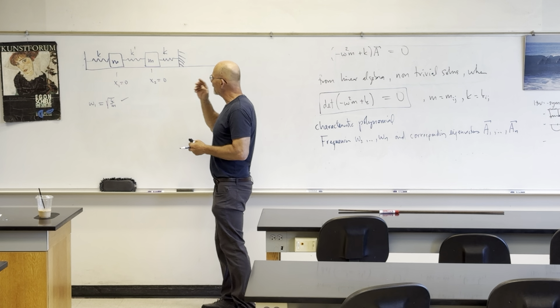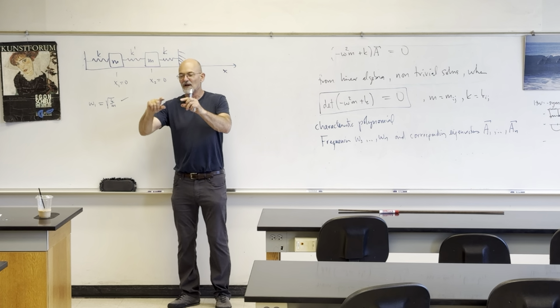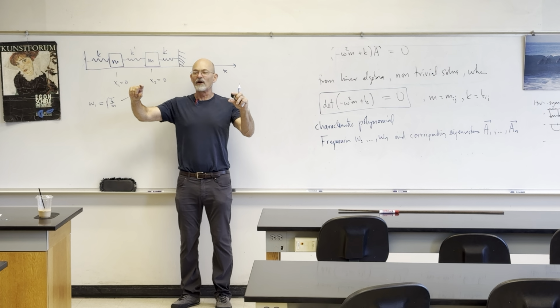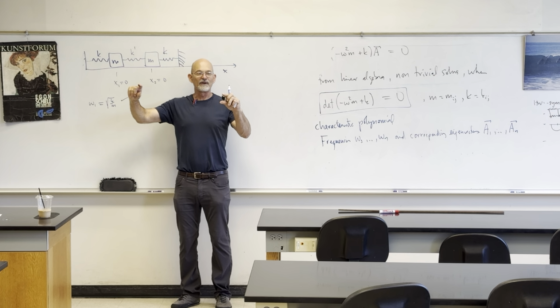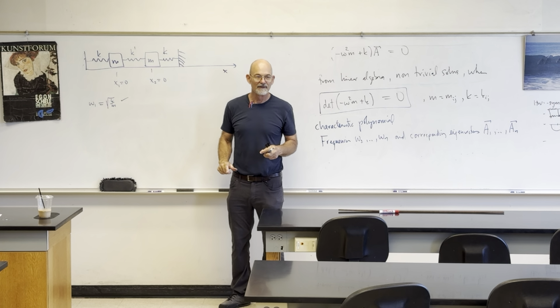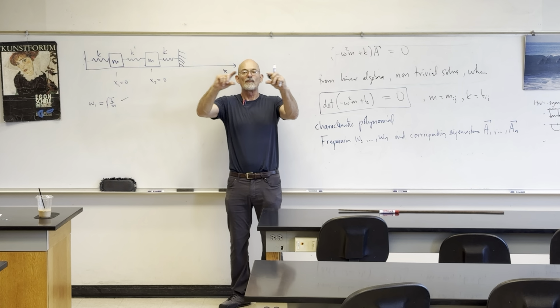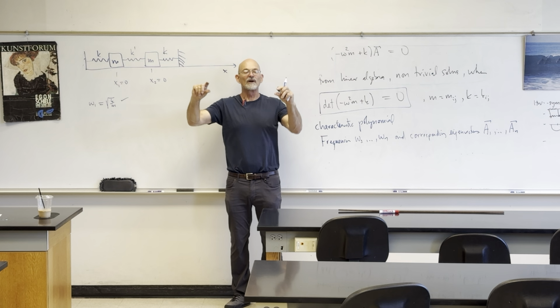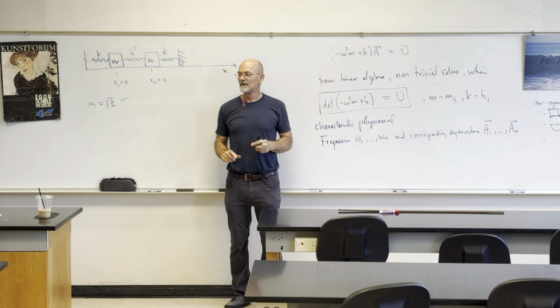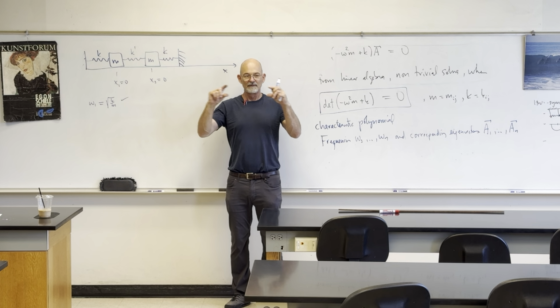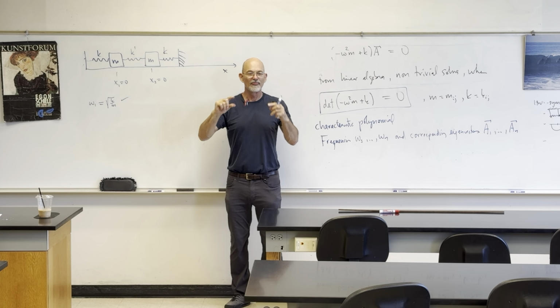The other thing we could do with this that's symmetric is we could pull both of them apart a centimeter or two and let go. And then what kind of motion would we have? I pull them apart symmetrically and let go. What are they going to do? They're going to go against each other like that, right?